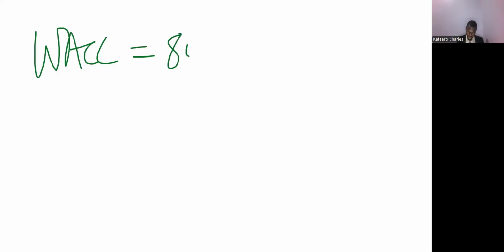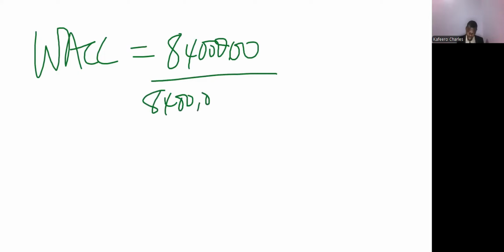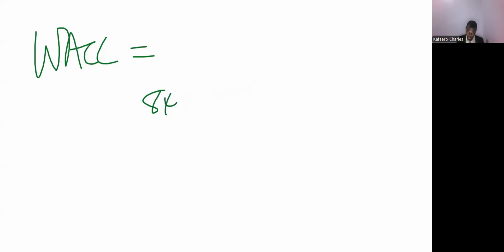So now we need to compute our WACC. We said WACC is VE, which is 8.4, over VE, which is 8.4, plus 7.2. I'm going to first take off these zeros, because it will not fit. If I take off the three zeros, you may get confused, because we have some percentages.